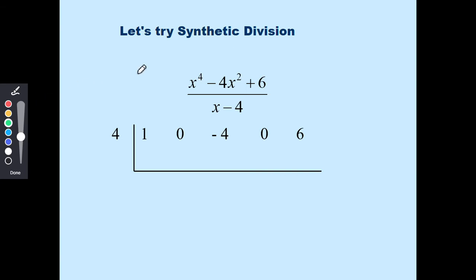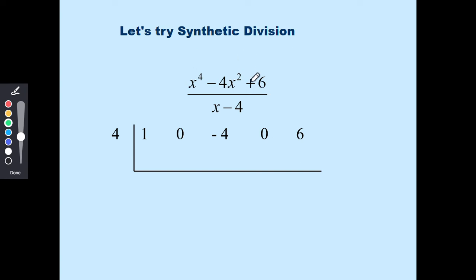The reason we have zeros is there's a missing degree 3 term right here. Yes? And that's where this 0 is coming from. Okay?